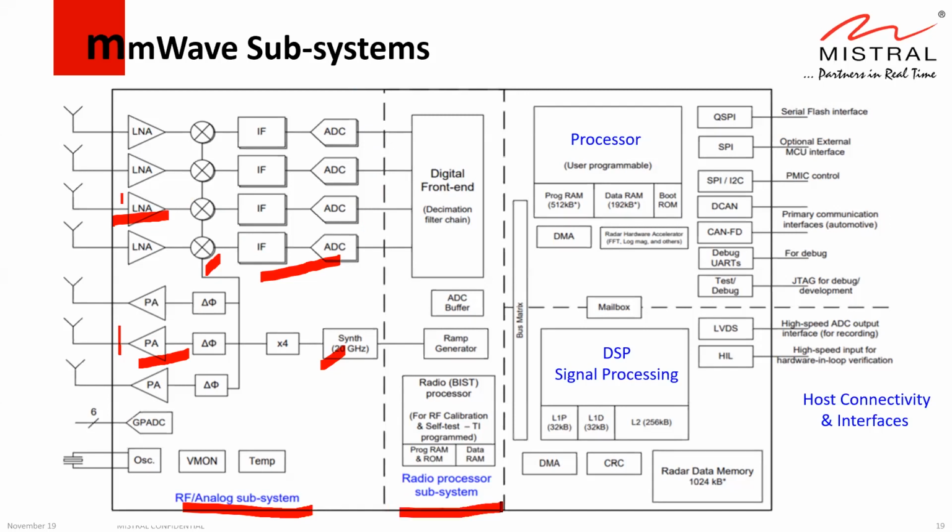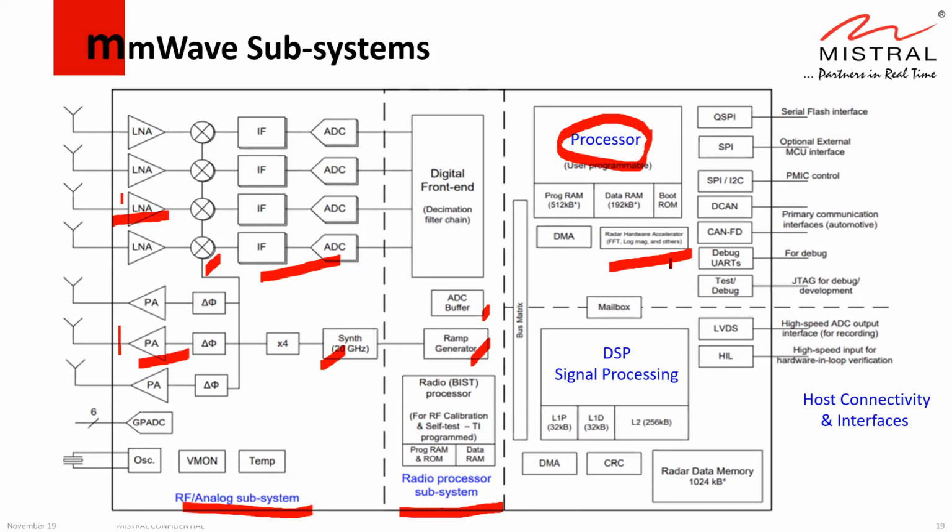The radio processor subsystem is where you configure your ramp generators, and it has the ADC buffers and digital front-end filtering circuitries. And the main processor is a microcontroller-based processor with accelerators. Because you are operating at a really high speed, traditional software, cycle-based computation of FFTs may not be efficient enough.